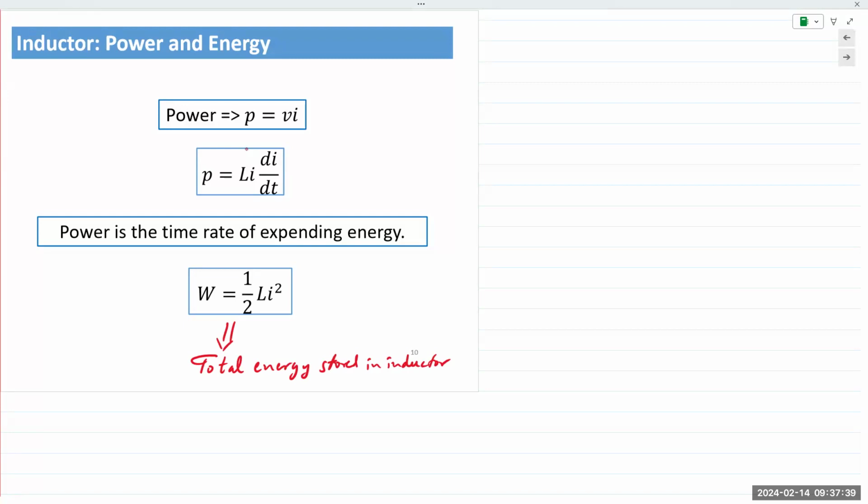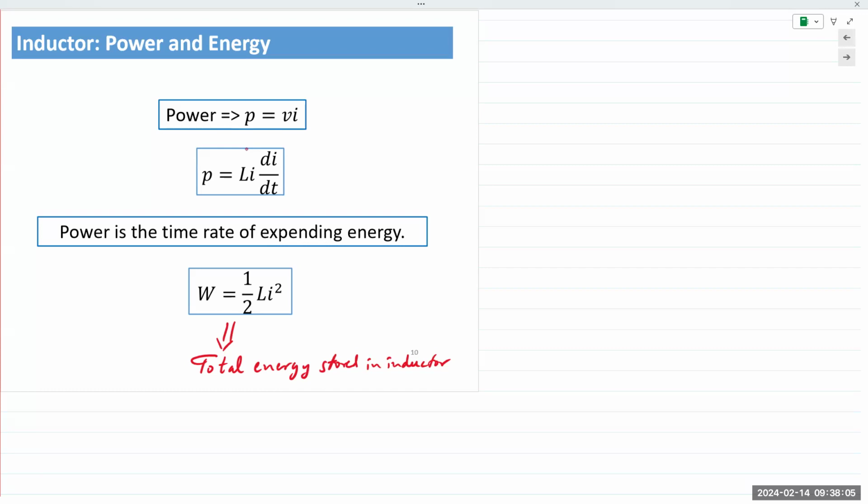Again, you don't have to memorize these equations as long as you are able to recognize and use them. So at the end of this chapter, I have a slide which summarizes all the equations related to both inductor and capacitor. And they're duals of each other. So all of the equations are very similar. For an inductor, it's half Li square. For a capacitor, it's half CV square.